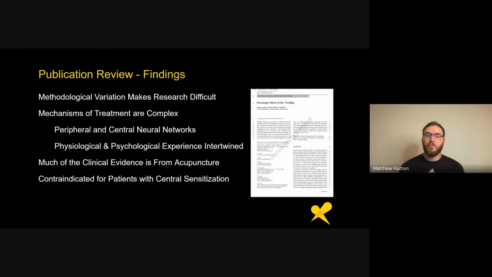The other thing that it discusses is the physiological versus psychological experience and how intertwined they are. So for example, somebody's perception of, oh, I think this treatment is going to help me. A lot of the effects of the masking of pain happen from placebo, but those exact placebo responses are happening at the same level through the same brain structures as the proposed mechanism for dry needling. So, for example, the HPA axis that we discussed earlier, that is being stimulated by dry needling. We know for a fact that it is. But also, the HPA axis can be stimulated by somebody who thinks that the treatment's going to work for them.